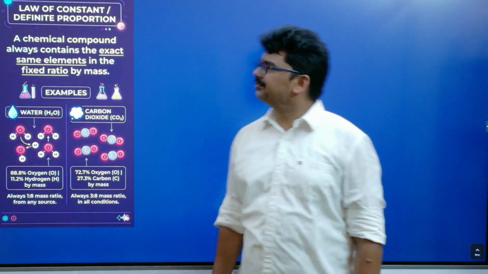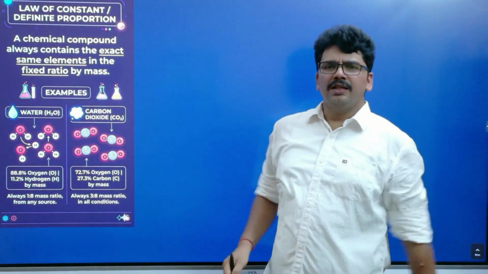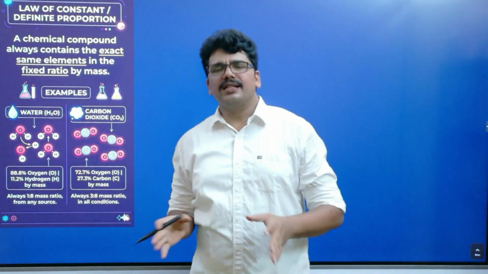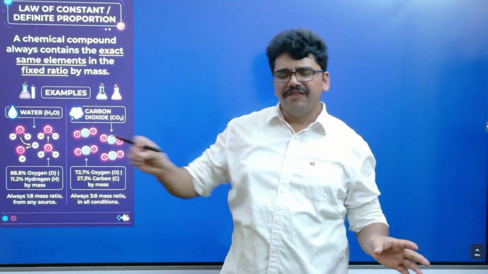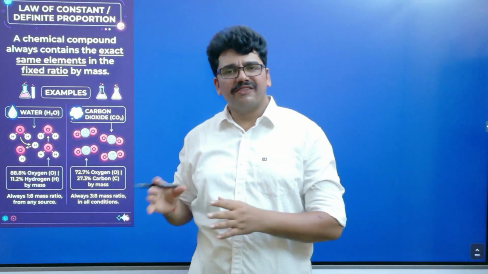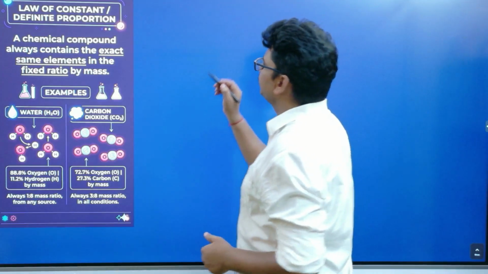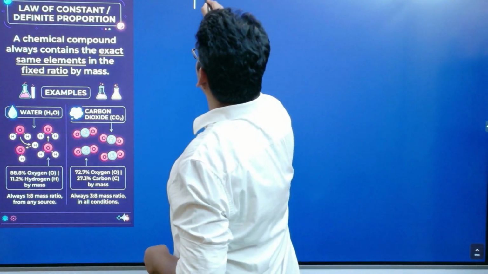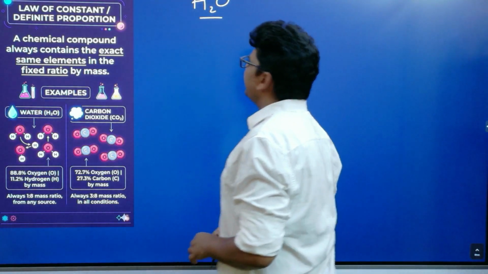Coming to the next law, the law of constant or definite proportion. A given compound always contains the same elements in a fixed, definite proportion. Right? For example, I am taking water.